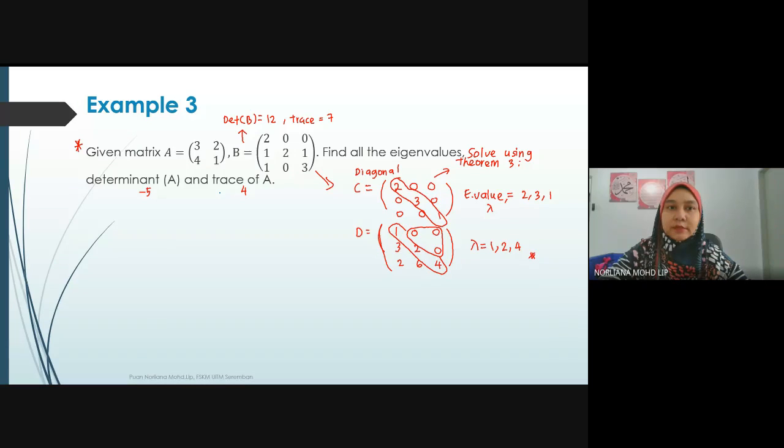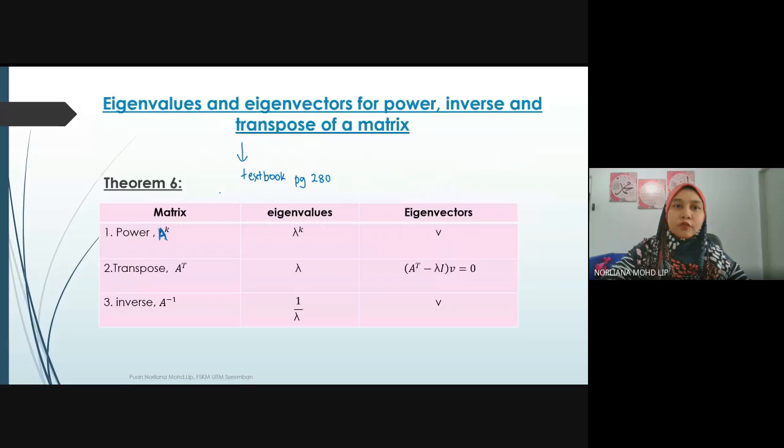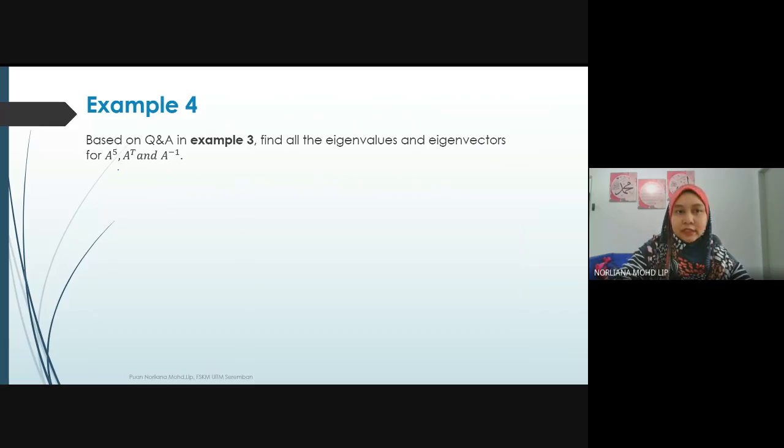Okay, ni awak dah dapat tak ni? Okay, matrix A tadi apa? 4, A, 3, 2, 4, 1. Okay, dapat berapa ni? Sebelum ni. 3, 2, 4, 1.